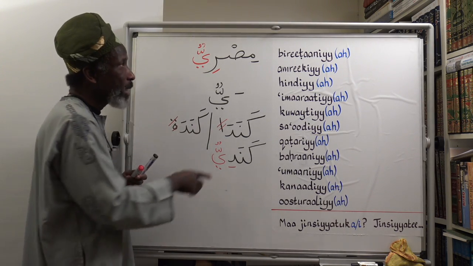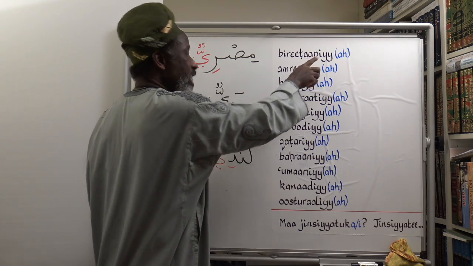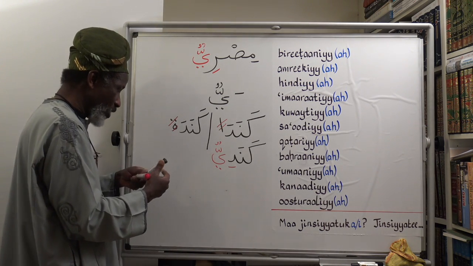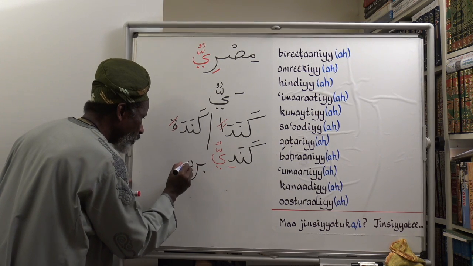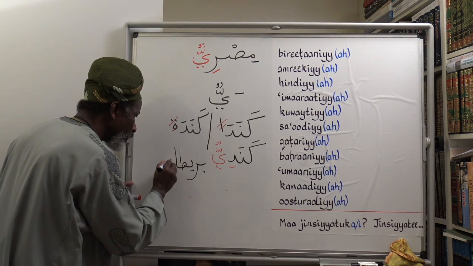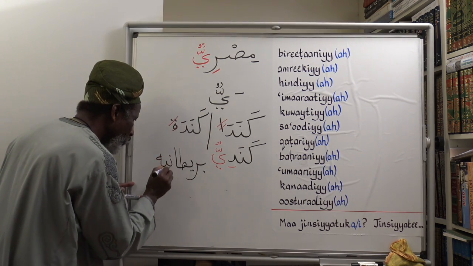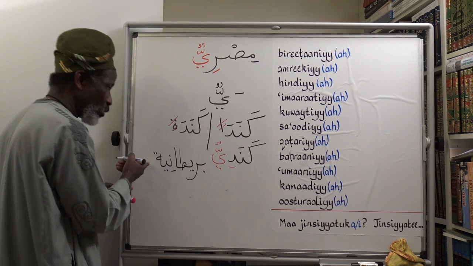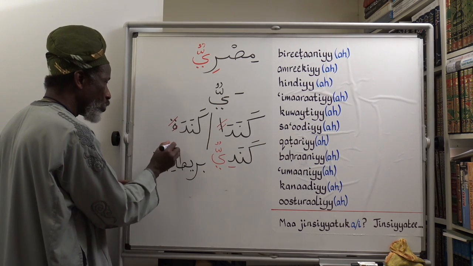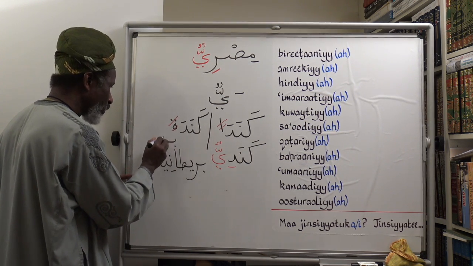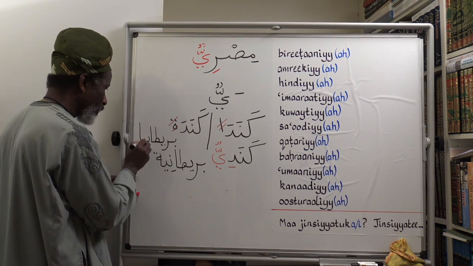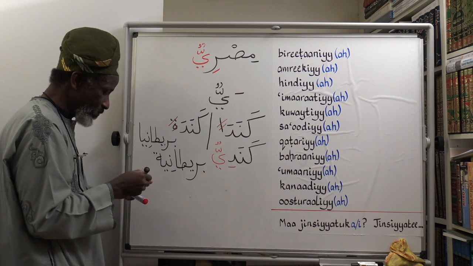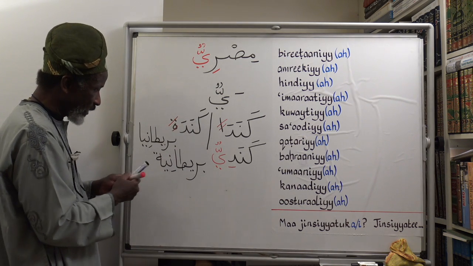Amerikiyun. The same thing from Britannia. Originally Britannia is written, you can write it Britannia using the ta marbuta or using long alif. Either way, you do the same exercise.